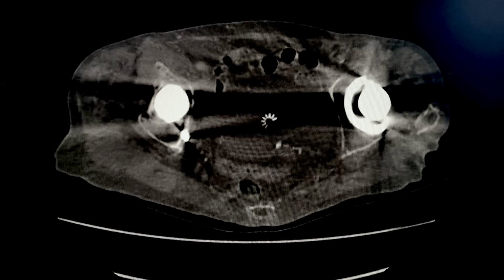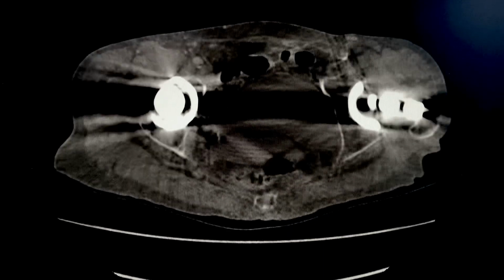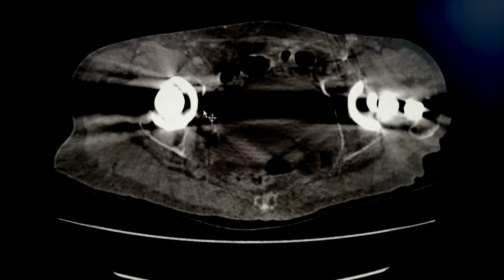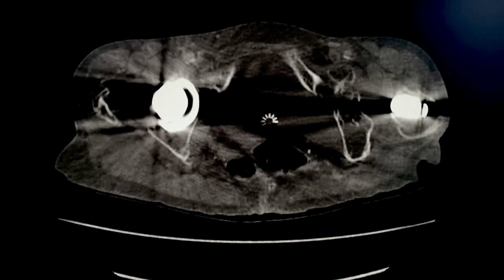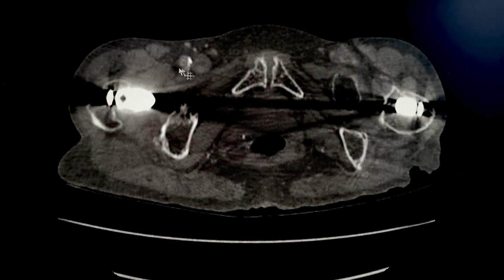The same for the right common femoral artery. It is also occluded, right? And when we follow that down, we can see that the left and the right common femoral arteries are still occluded.